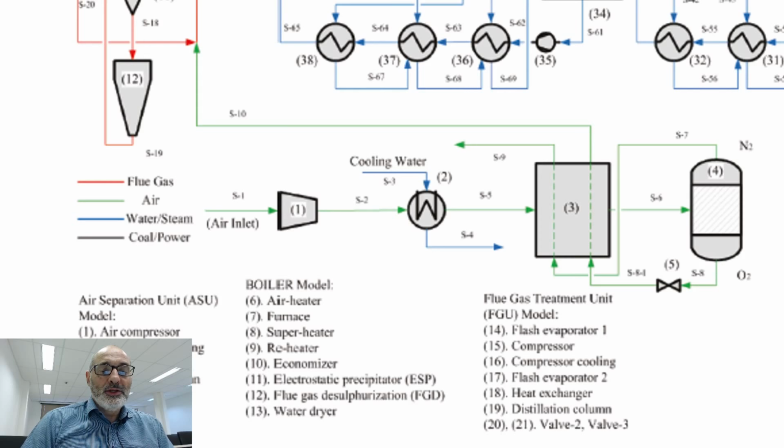Liquid oxygen at high pressure because you compressed here. If you expand liquid oxygen, its temperature is going to drop dramatically, minus 160 degrees or something like this. It depends on the pressure.